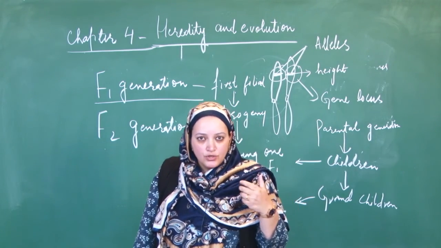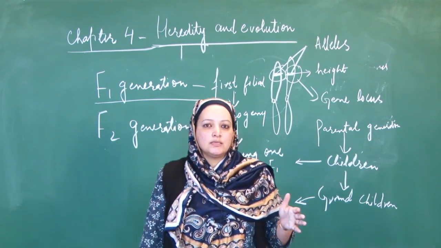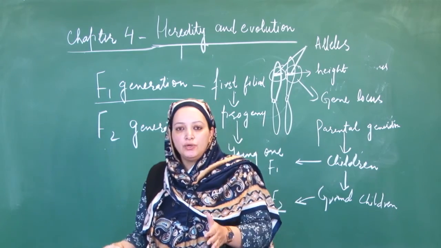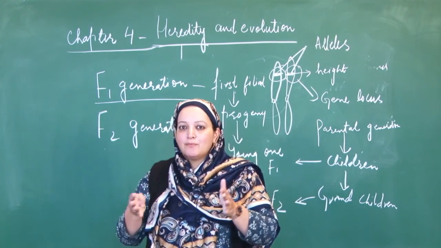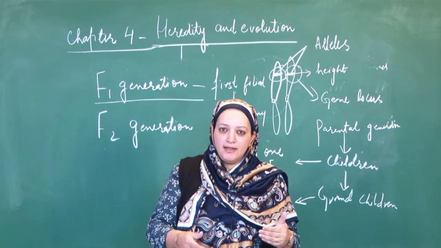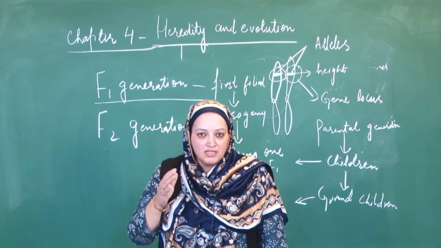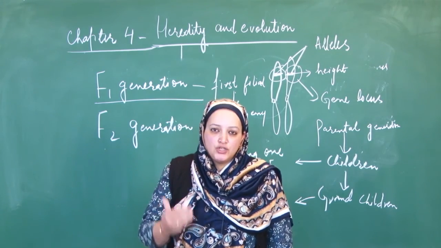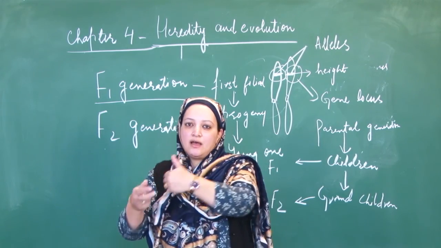It was Gregor John Mendel who worked on this. In our next class, we will be talking about the various mechanisms of inheritance, how Mendel worked on that, and what the various laws are which he showed, by which we can come to know how characters are inherited from one generation to another generation.